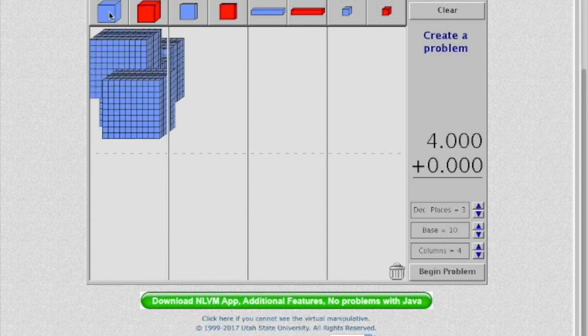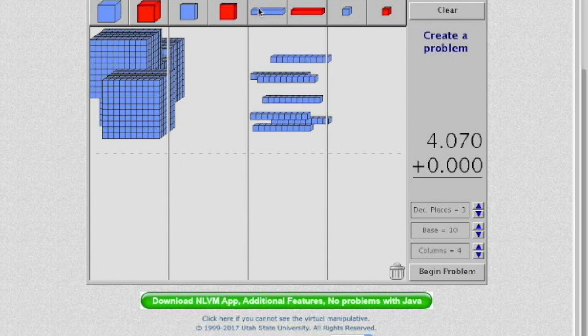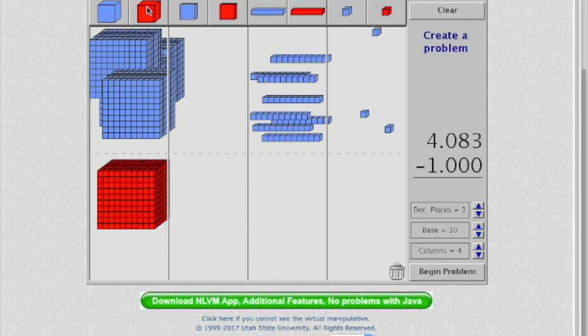Now these you're just going to have to visualize, they're actually ones. This is tens, hundreds, and thousands. He said 83 thousandths. Okay, and minus what? 1 and 290. Or 29 hundredths? Okay.